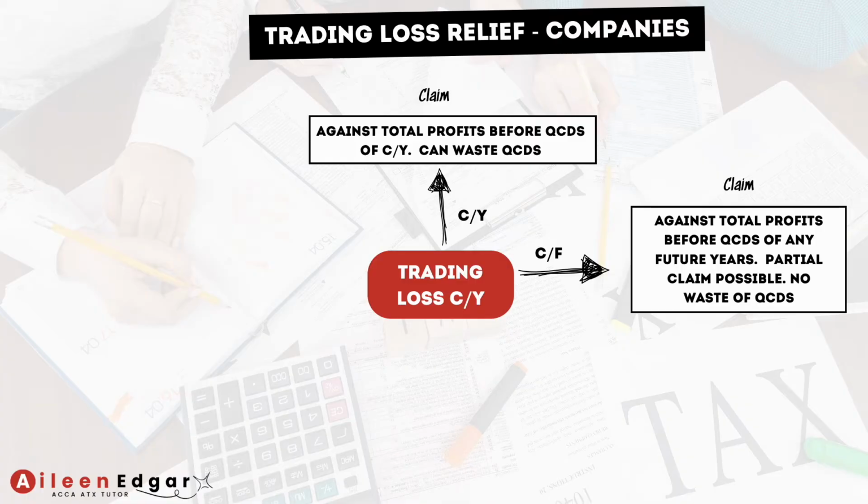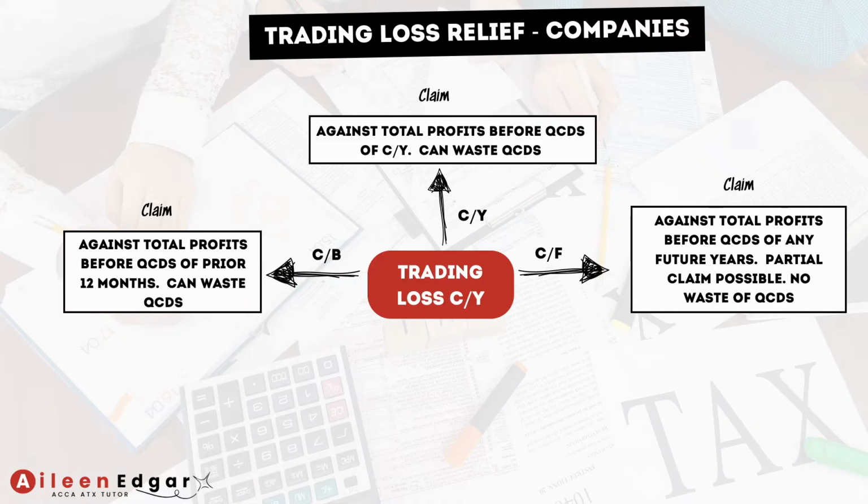There is another option though. We could use our trading loss from the current year against total profits of that same year. This would be total profits before QCDs. And because we're setting that trading loss off against total profits before our QCDs, it does mean, unfortunately, we can end up wasting those QCDs.